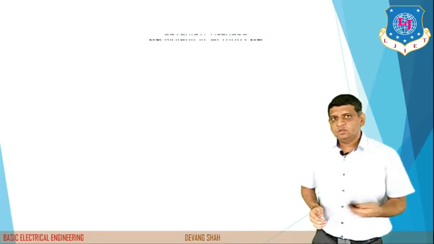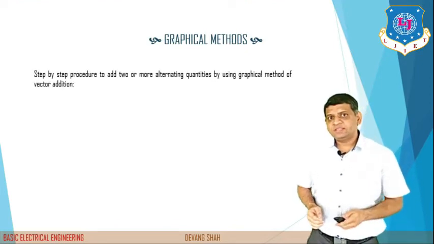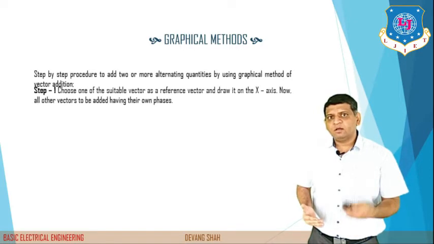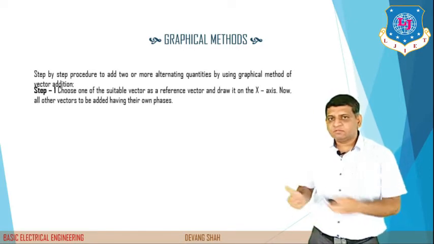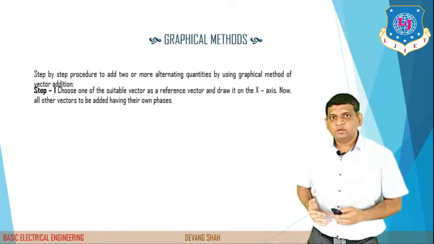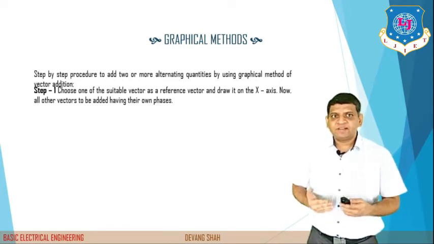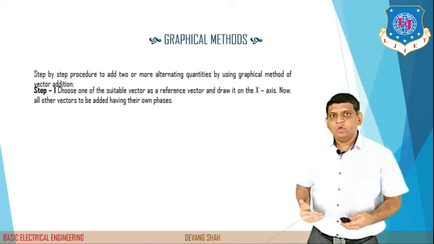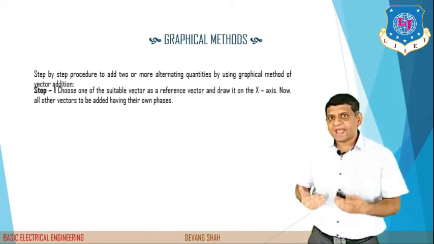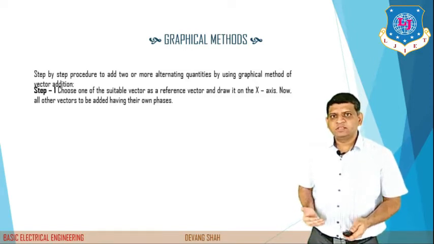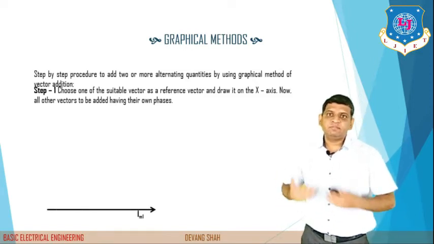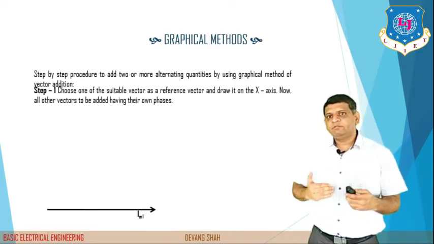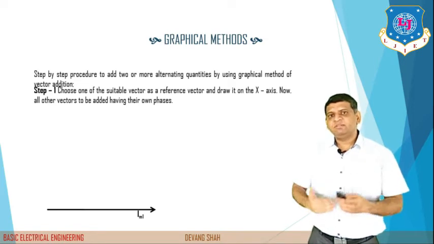Let's discuss this. In the graphical method, you can see the steps here. First we have to define a reference vector, like we just discussed. Choose one suitable vector as a reference and draw it on the x-axis. All other vectors are then added with their own phases. Let's say this vector starts at angle 0, any reference angle, and its magnitude we define as Im1.